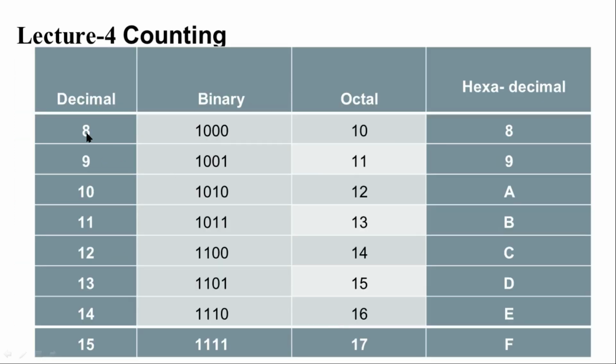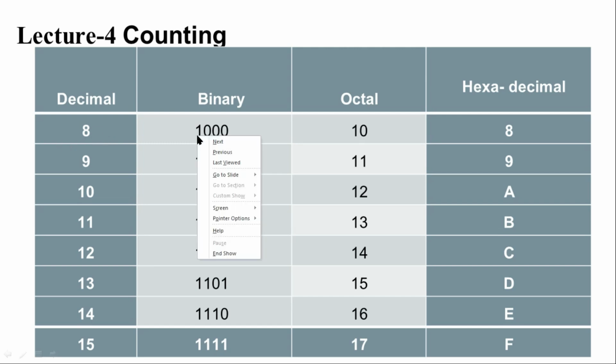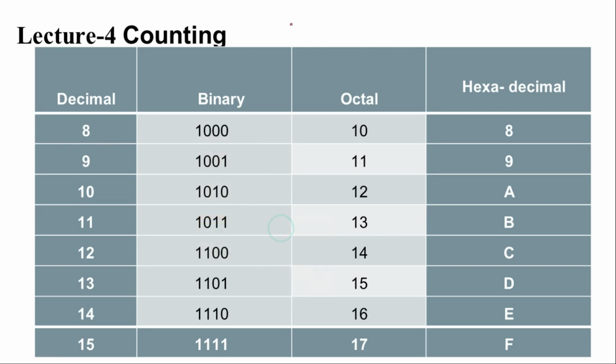In octal, as I already told, there are no 8 and 9 digits, because folding takes place. For writing 8 in binary, we follow the 8 4 2 1 number system. We make the fourth bit high and all the remaining bits 0. So decimal 8 is equivalent to 10 in octal, whereas in hexadecimal it is 8.